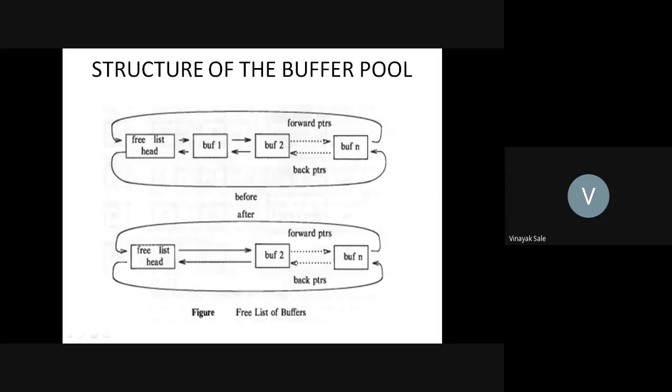Suppose the kernel searches for buffer number 2 from this list. If it is in the free list, then it will remove that from the list.